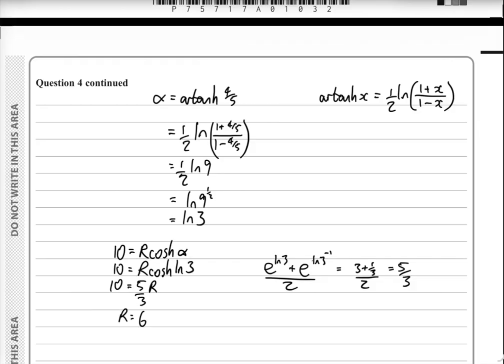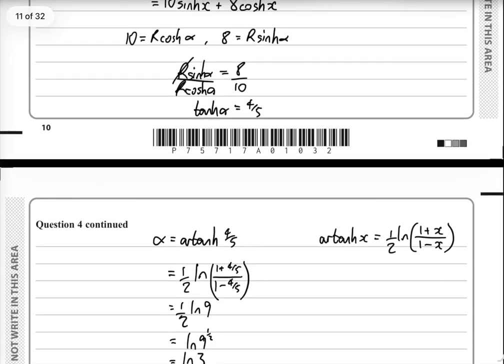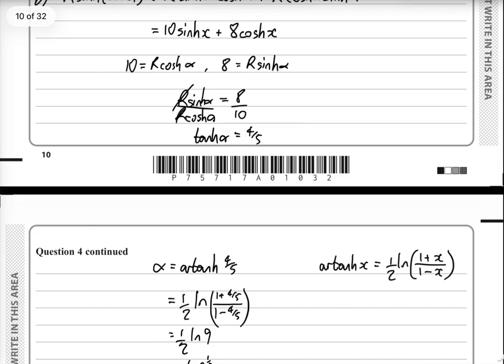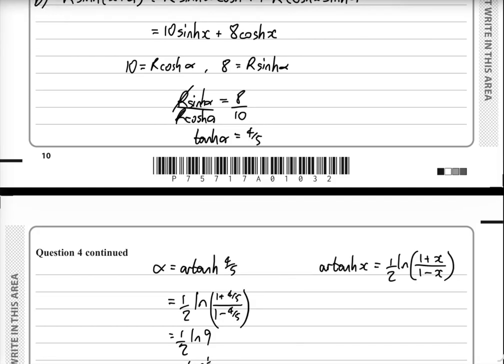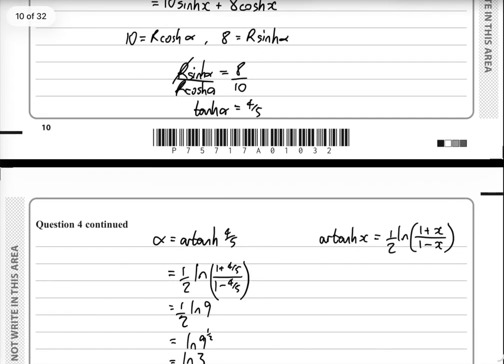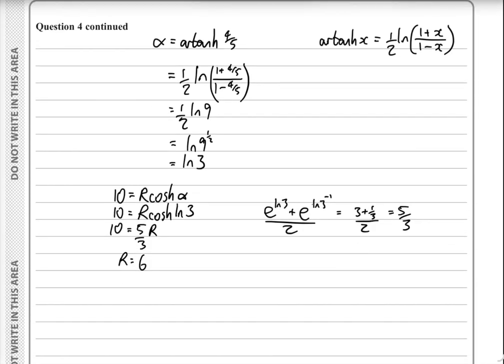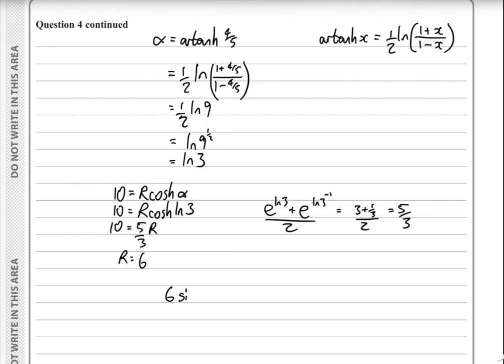So r is 6. You could also have done r squared is equal to 10 squared minus 8 squared, and that's fine if you do it that way. You just have to remember that you're subtracting, not adding, as you would be if you were using trig rather than hyperbolic trig. So we've got 6 sinh of x plus log 3.